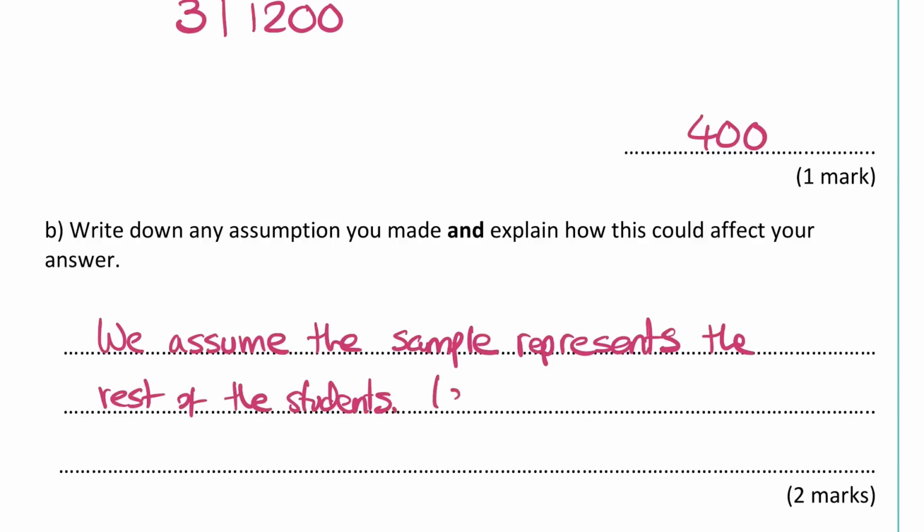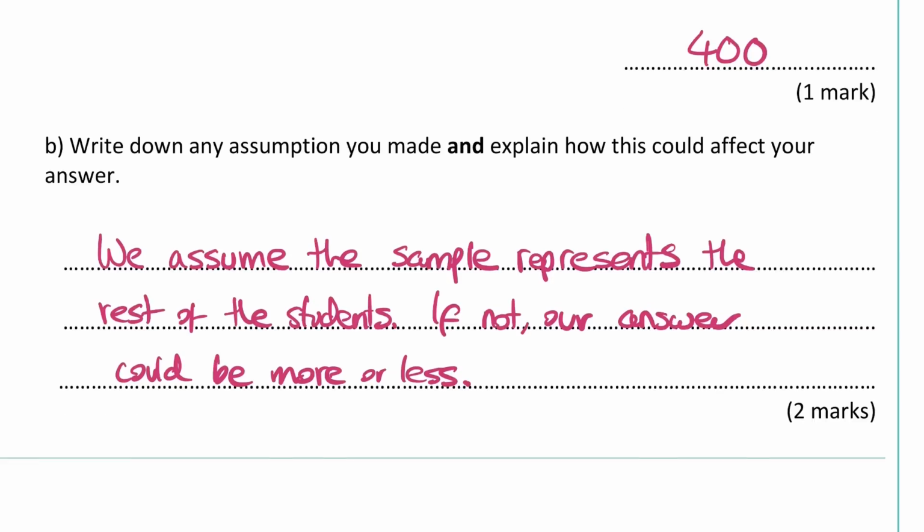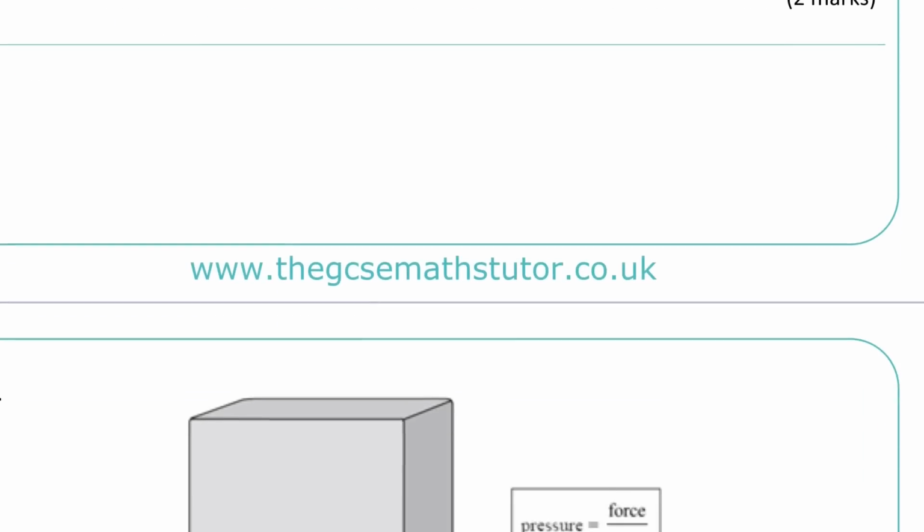If not, our answer, as it does specifically ask us to talk about our answer, could be more or less, or higher or lower, however you want to phrase that. But the important language there is that the sample represents, in this case, the rest of the students. And there we go, there's some sampling.